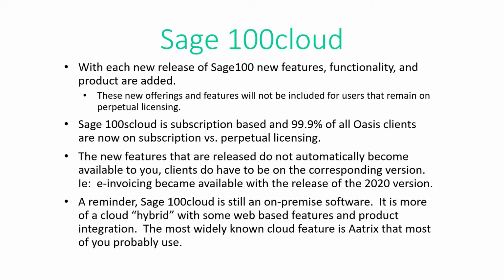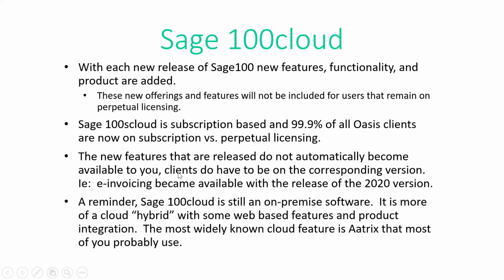So today we're going to talk about Sage 100 Cloud. And most of you have heard the terminology Sage 100 Cloud. Basically that is if you move from a perpetual license to a subscription-based plan. That gives you the features and functionality of Sage 100 Cloud.